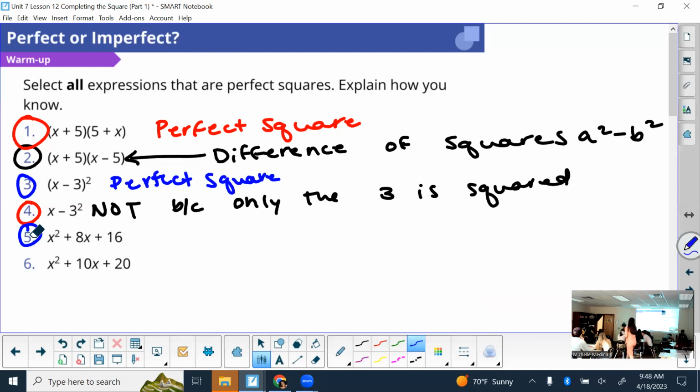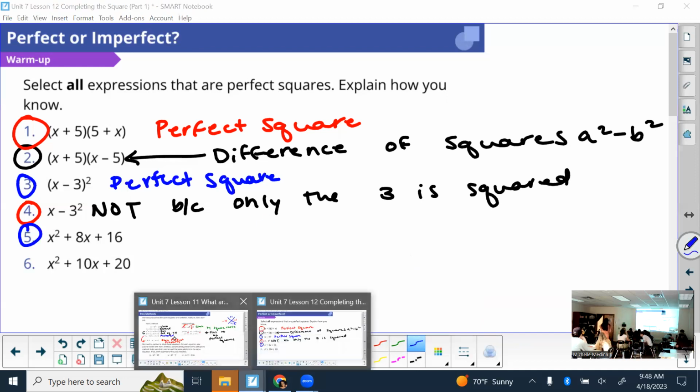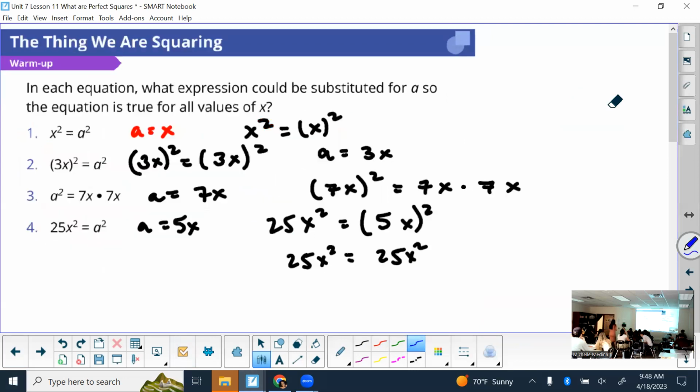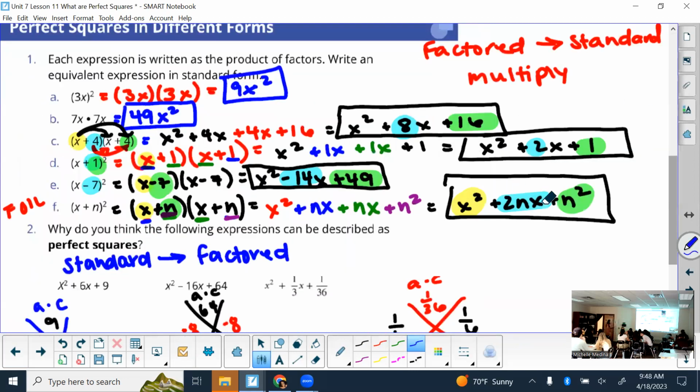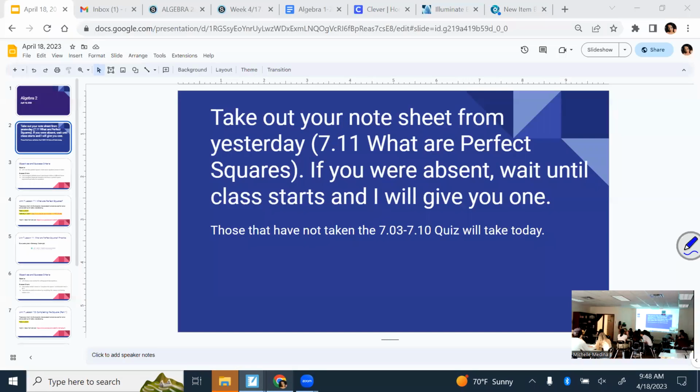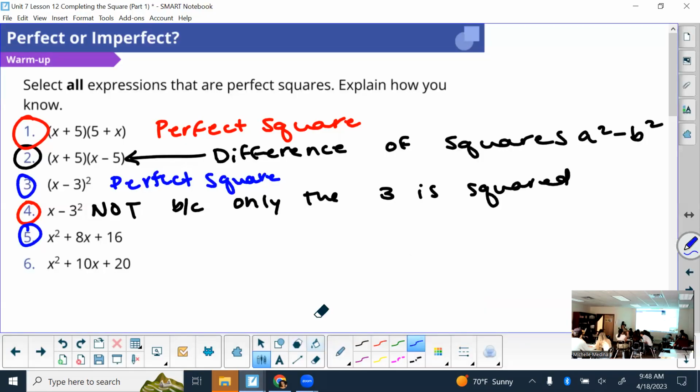You could look at your notes like I showed you that there was a pattern and see if it fits that pattern. Again, I don't really like that way. It does work. I just don't like memorizing random stuff like that. So what I would suggest for this one is factor it and see if your answer looks like 1 or 3.